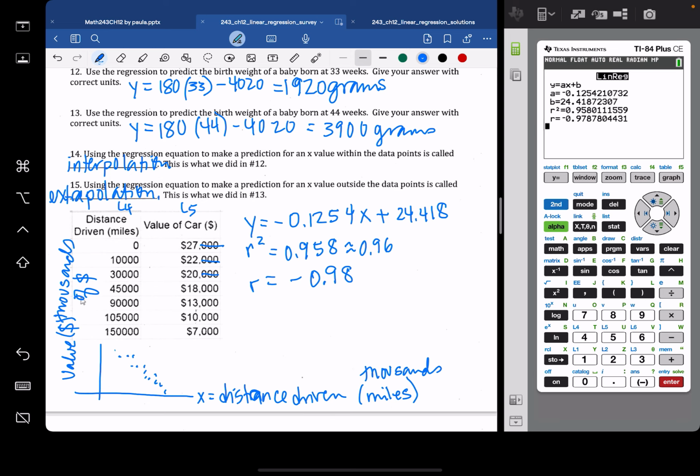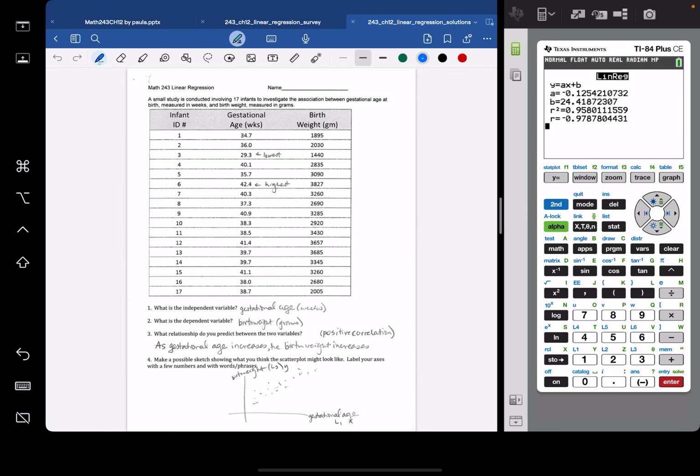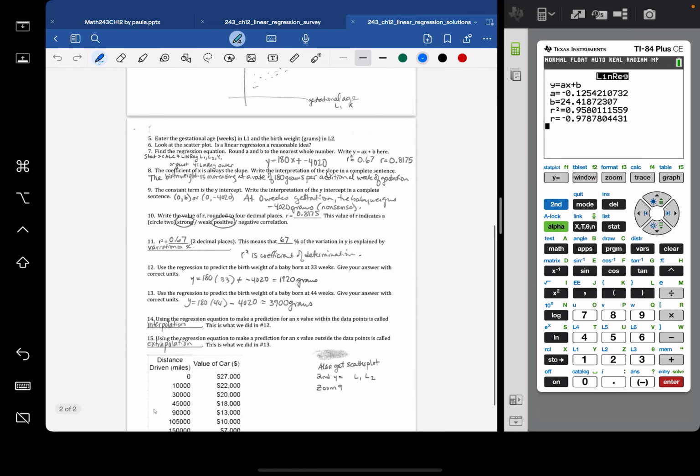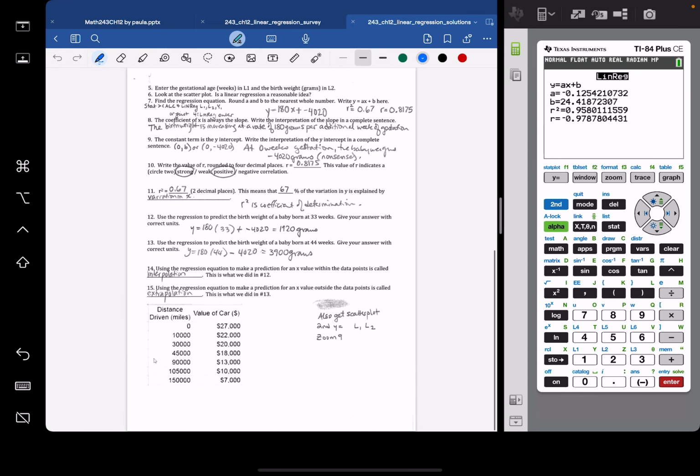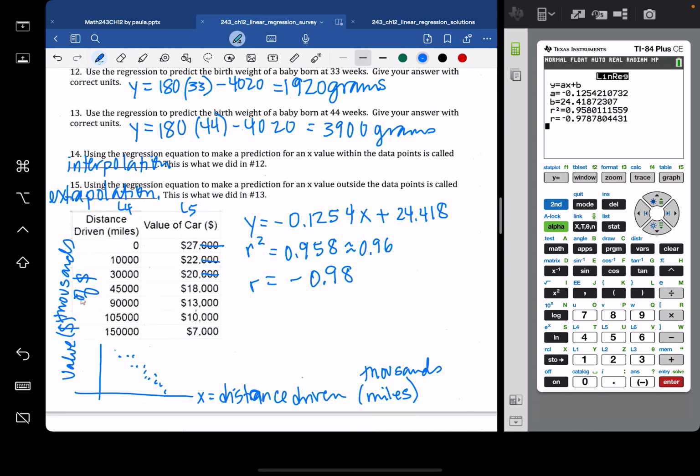And I think the only other thing left to do is to interpret the slope and y-intercept. Let me see if I wrote those out on the answer key. I did not. Well, the y-intercept is the car value when x is 0.